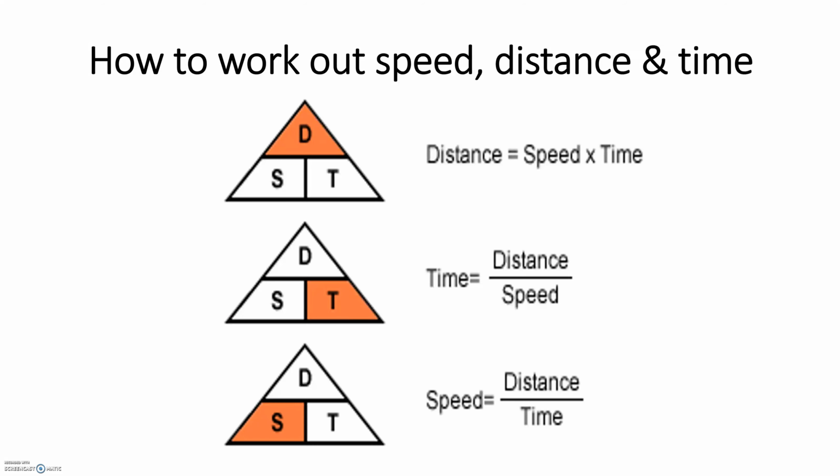And so this is how to work out speed, distance and time, and you can use a formula triangle and switch that around to make it easier. So if you wanted to find time, you would cover up the t and then you would get distance over speed, and if you wanted to get distance, you cover up the distance and you'll get speed times time.